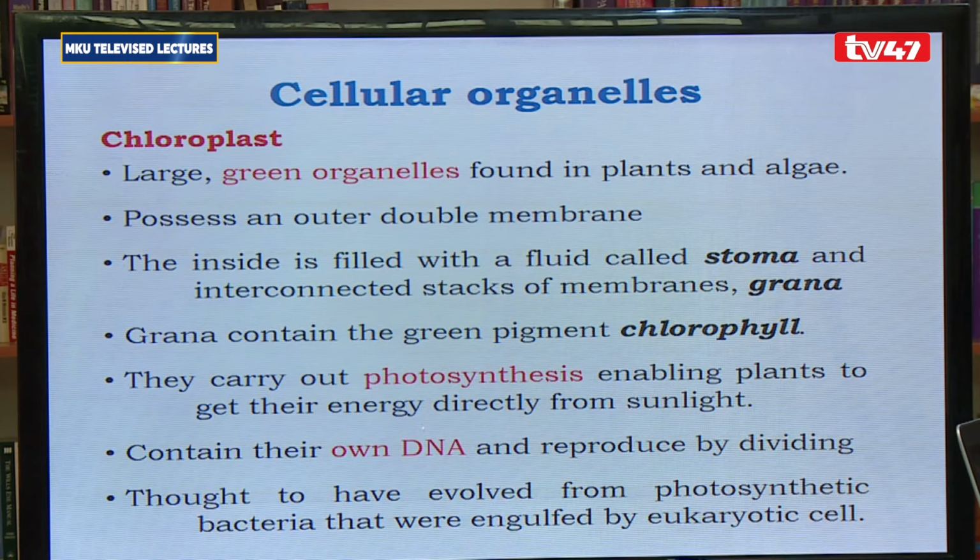Floating within the stroma are interconnected stacks of membranes, known as grana. Now these grana contain the green pigment known as chlorophyll, which participates in photosynthesis.